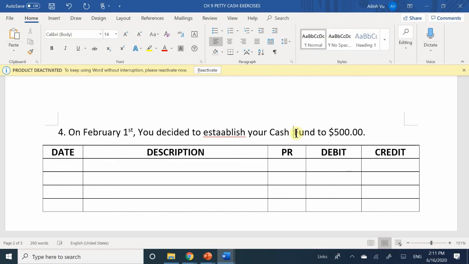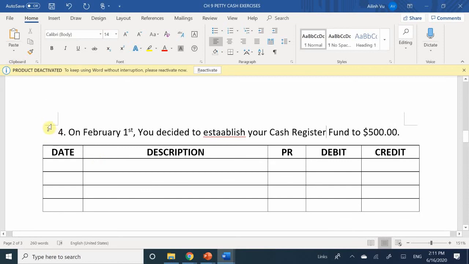Isn't it already set up? No, this is going to be different. From questions 4 and on, it's going to be different.